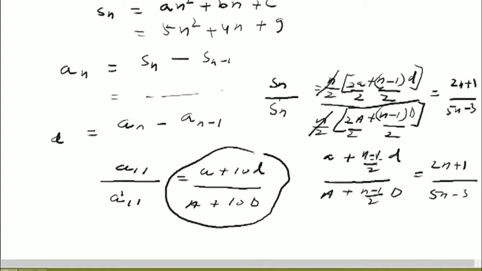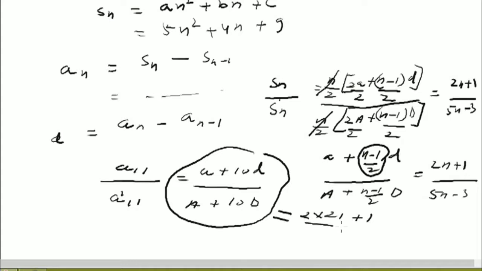So if I put n equal to 21, it is going to be 21 minus 1, 20 by 2, which is 10. How are we getting this? We just put (n minus 1) by 2 equal to 10, so n comes out to be 21. So if we just put n equal to 21, it will be 2 into 21 plus 1 by 5 into 21 minus 3.